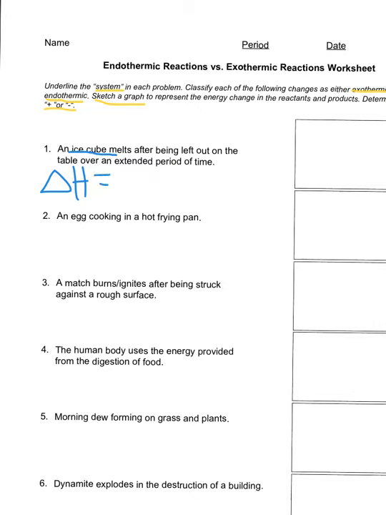Heat has to go into the ice cube for the ice cube to melt. So it's gaining heat. So enthalpy is going to be positive because it's gaining heat. So if it's gaining heat, does that make it endothermic or exothermic? Endothermic. If something is gaining heat, it's endothermic.